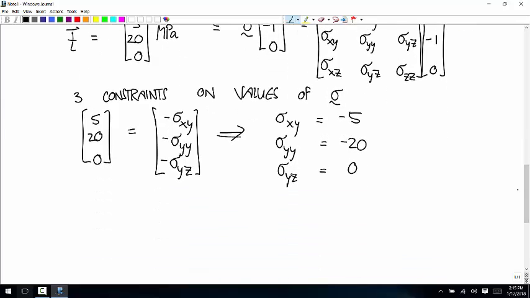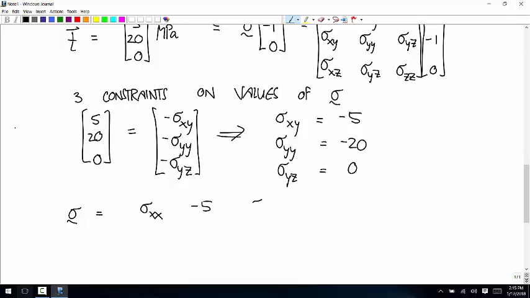There's still a lot of stuff we don't know, but we know these 3 values. So sigma on that face would be, we still don't know what xx is. We know this one's -5.